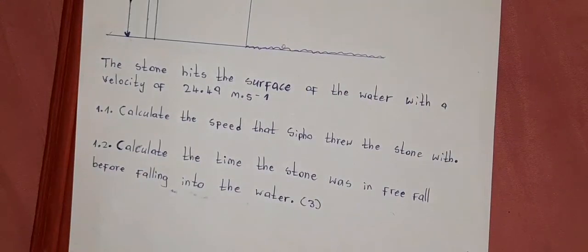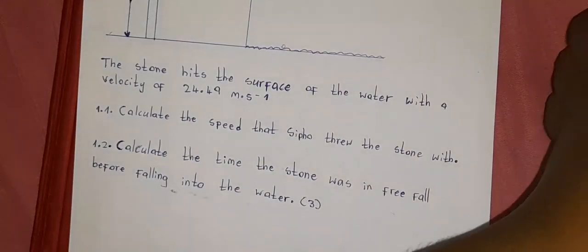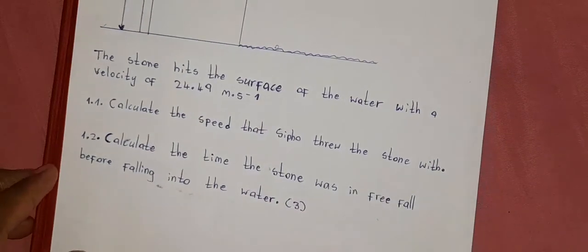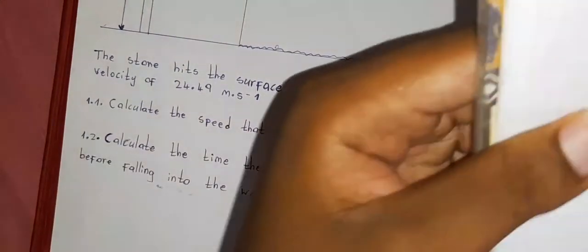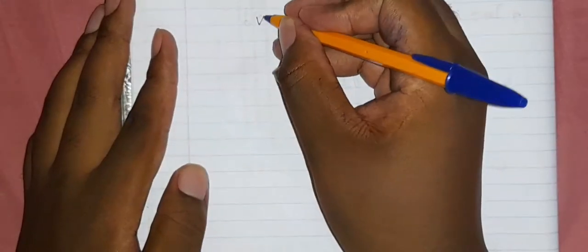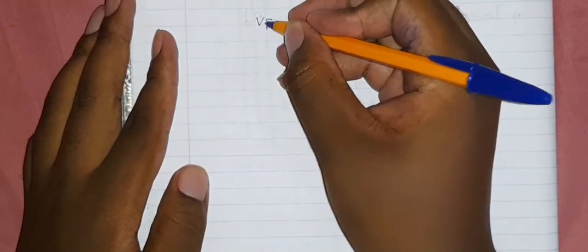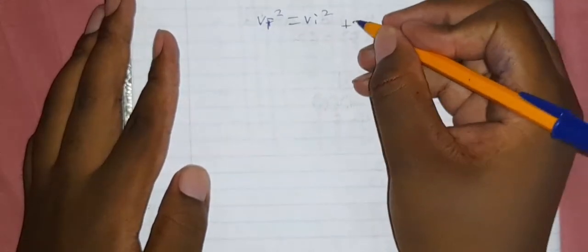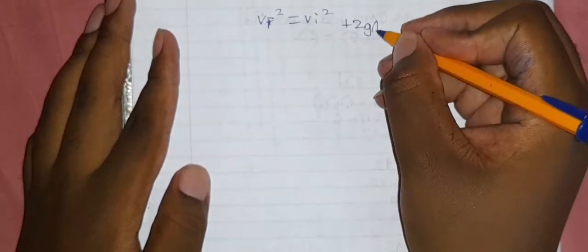So which equation can we use? Let me write here. And we have that V final squared is equal to V initial squared plus 2G change in Y. We have change in Y, and we have VF squared.